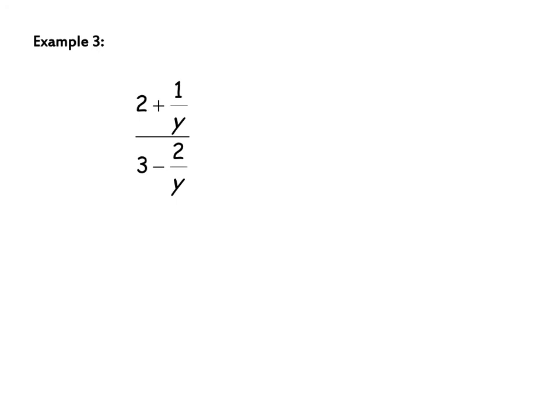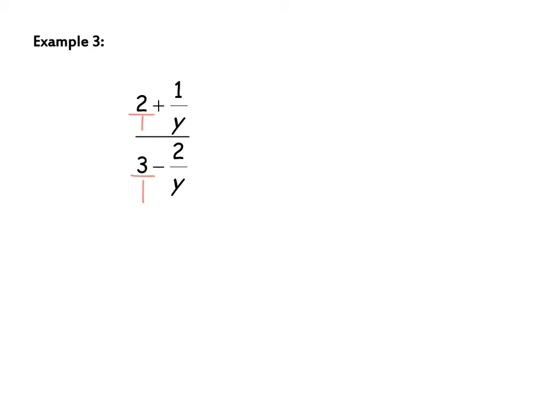The idea we need to talk about is a common denominator. These fractions need to have a common denominator to combine them before we can change to multiply by the reciprocal. So we think of 2 as being over 1 and 3 being over 1. If we look at our 2 denominators up here, then we have a 1 and we have a y, and we need to make them be the same.